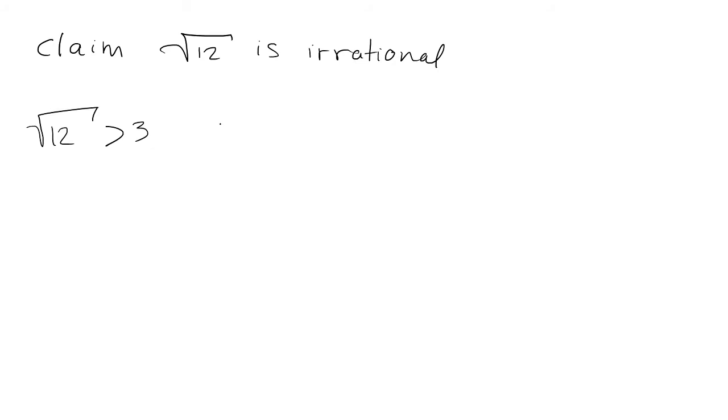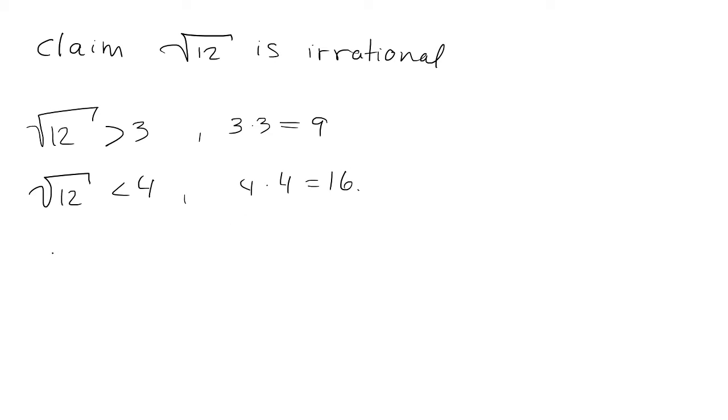And why do you think that is true? Well, simply because 3 multiplied by 3 is equal to 9. And likewise, the square root of 12 is less than 4, because 4 multiplied by 4 is 16.